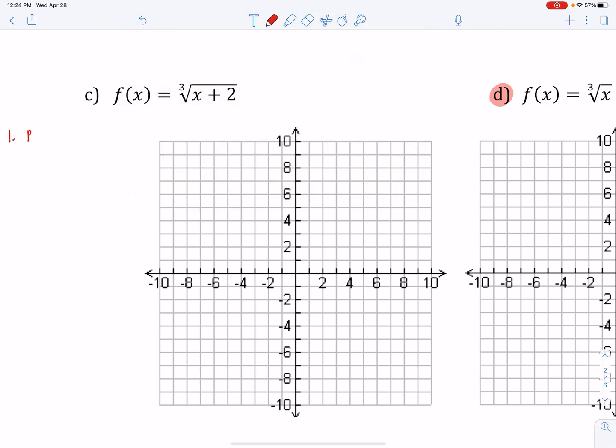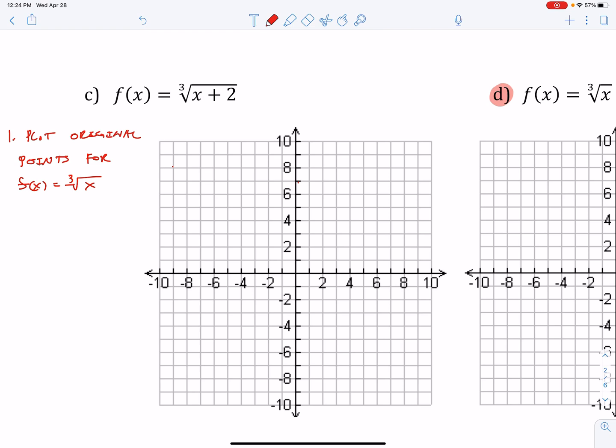I'm going to write: plot original points for f of x equals the cubed root of x.